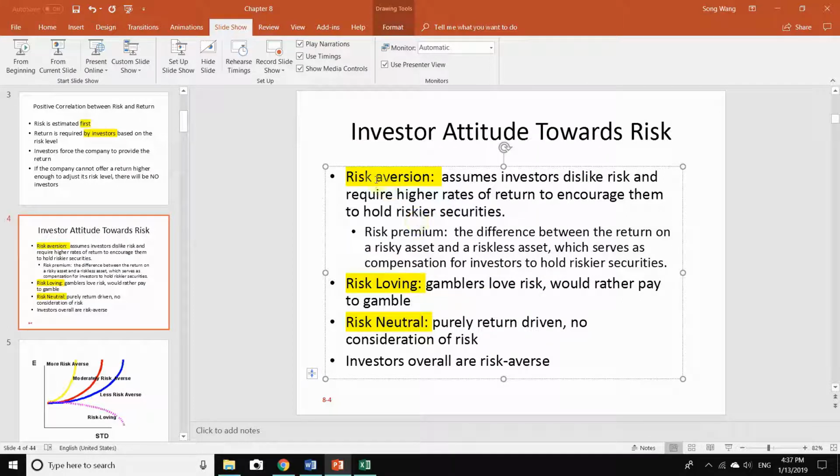Okay, so risk averse is the right attitude, but there are also more irrational behaviors. So we have risk loving people. These are basically gamblers. They love taking risk, and they would rather pay to gamble, although they know if they keep gambling on and on, in the long run, the probability is against them. They would lose money.